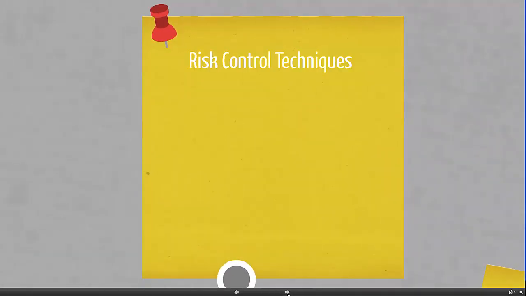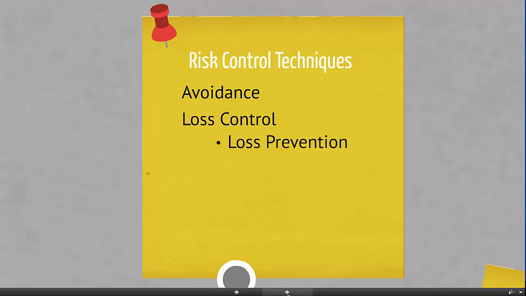Let's talk about risk control techniques. I just said that avoidance is one of the techniques, which is pretty extreme because it means not engaging in the activity or not buying the asset at all because you believe it's too risky. And then there's loss control techniques, which include loss prevention, which is taking actions to reduce the frequency of loss, and loss reduction, which is taking actions to reduce the severity of loss.